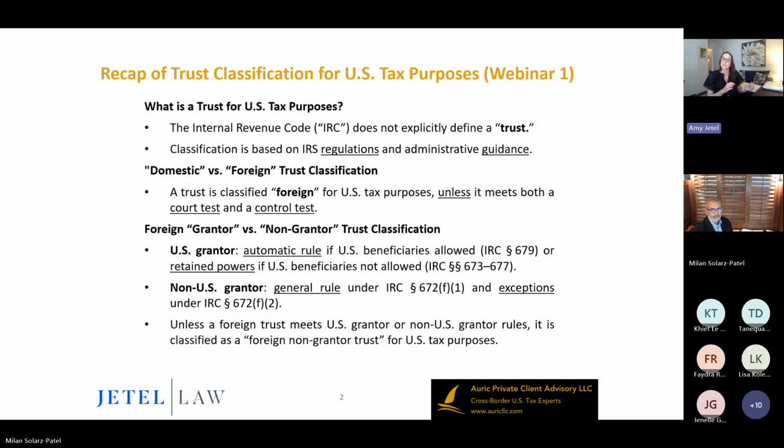And then in foreign trust land, you have to figure out whether it's a grantor trust or a non-grantor trust as to a U.S. or non-U.S. person. Bottom line there is that unless a foreign trust meets the grantor trust rules to have a U.S. owner or a non-U.S. owner, it's going to be classified as a foreign non-grantor trust, which is basically what this whole thing is about.